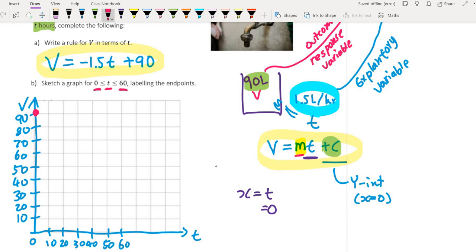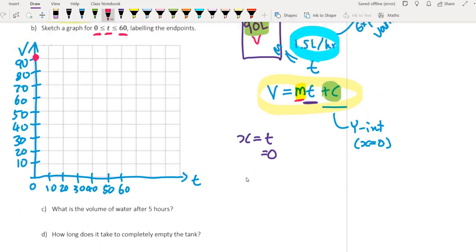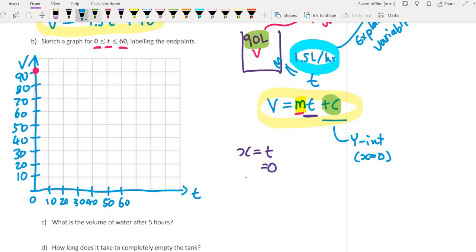And then we are going all the way until time is 60 hours. So we need to figure out what that is in terms of V. We know our equation is V equals negative 1.5t plus 90. So we need to know what V is when our time is 60.